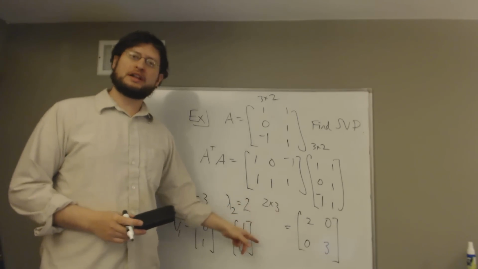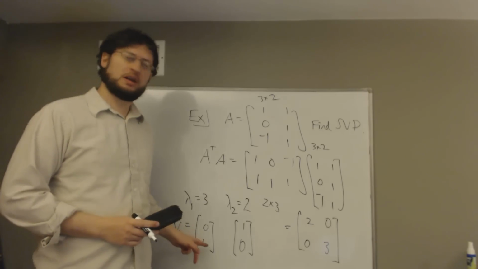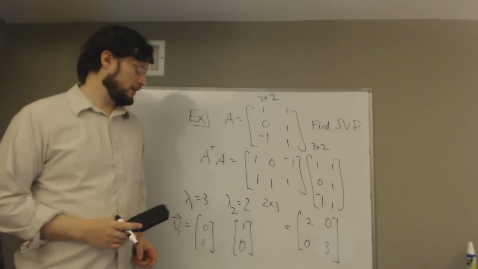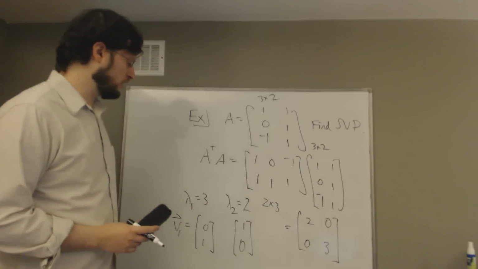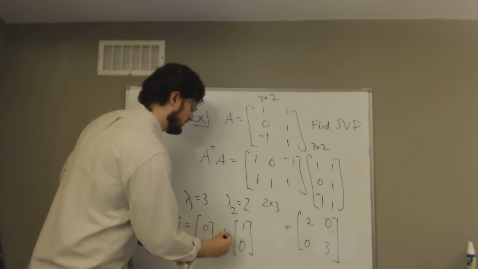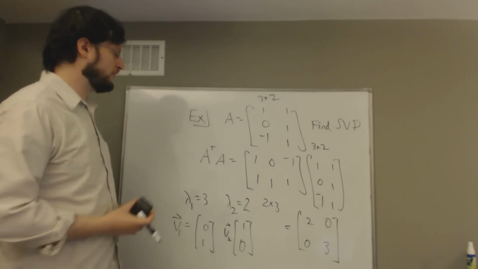And these are already normalized because this is a length of 1 and this is a length of 1 as well. Remember, you got to make sure that we get unit vectors for all of our eigenvectors. So now we're so far in good shape.